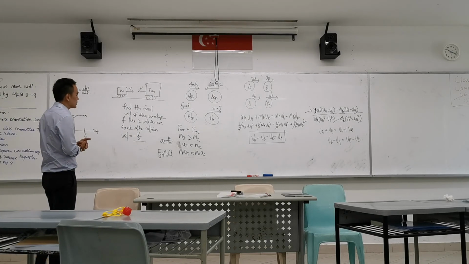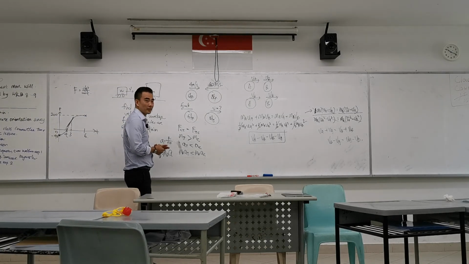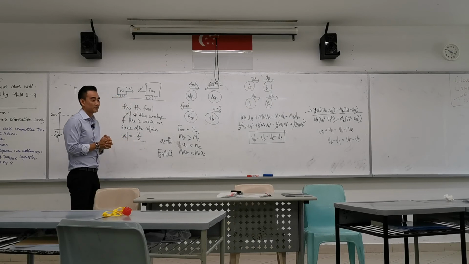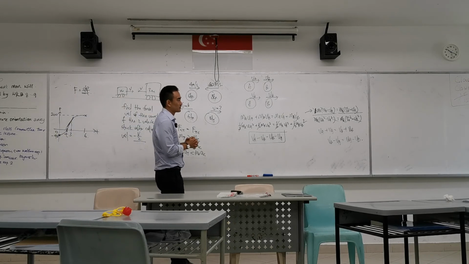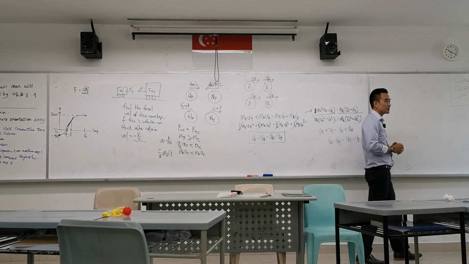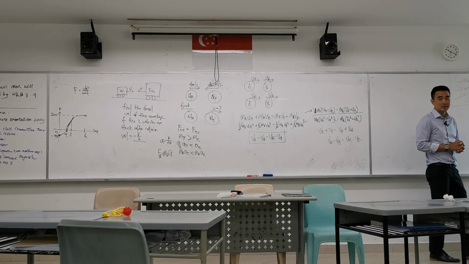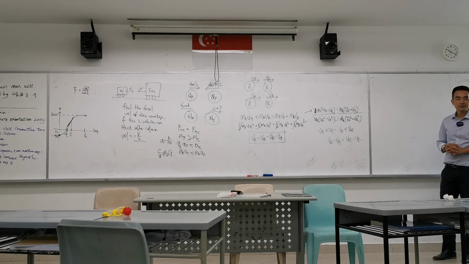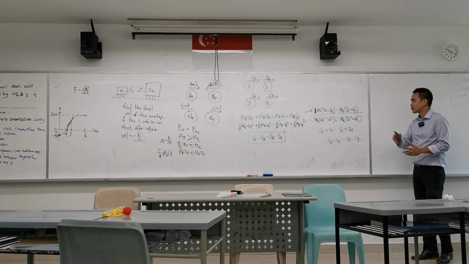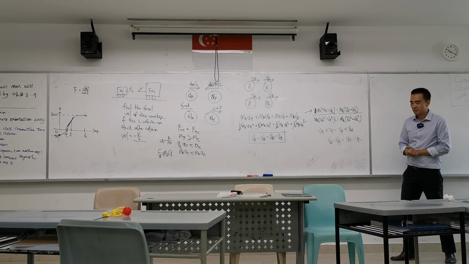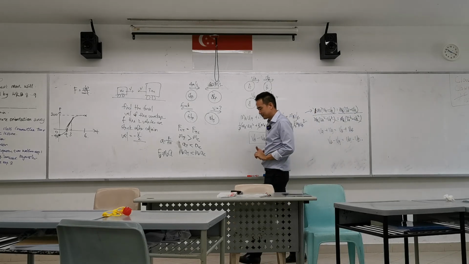X squared minus y squared is equal to x plus y times x minus y, right? Correct. You need to use that. Then you can strike off the top and bottom, leaving this. Then you can get an answer.